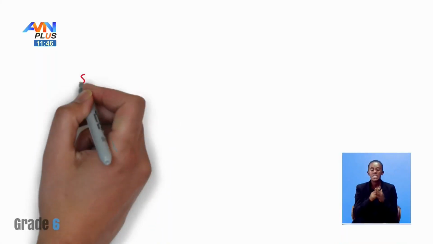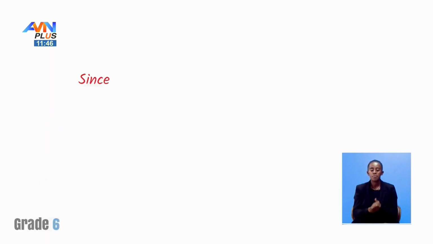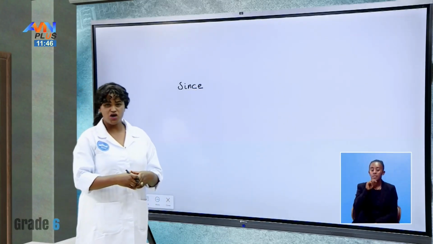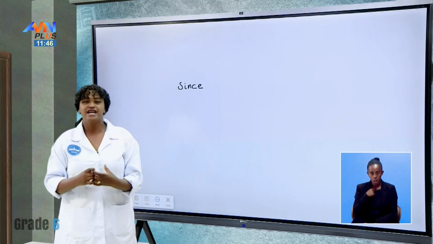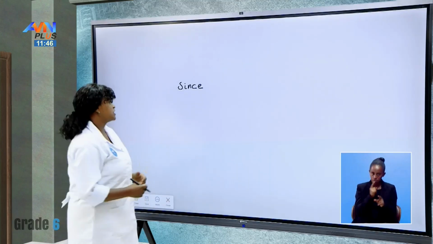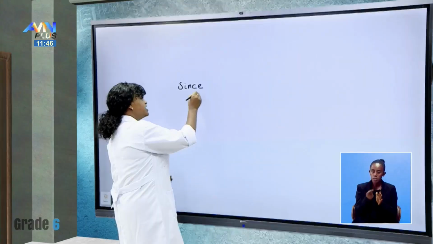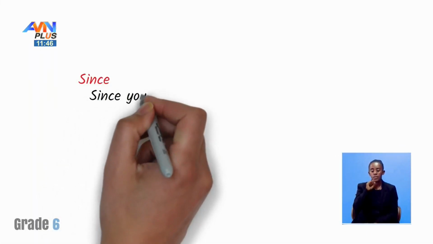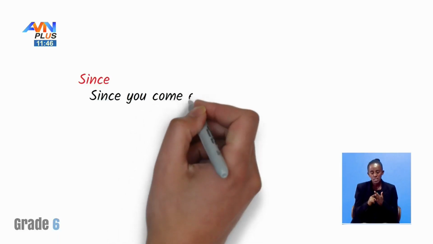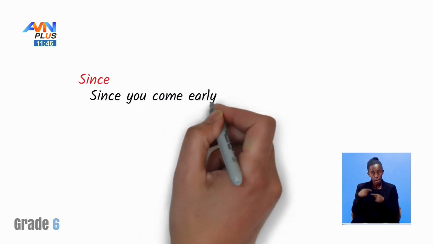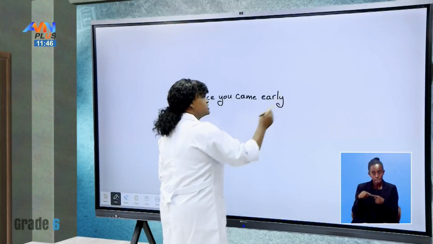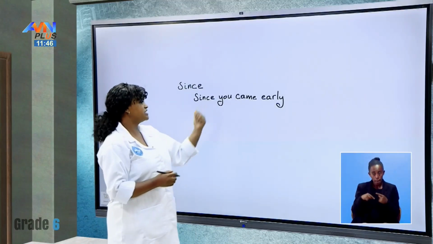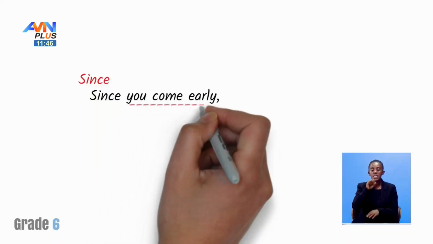Since. All right? Since is also one way of telling cause and effect. For example, you can say like this. Since you came early, that means after since, we are telling what? We are telling a cause.